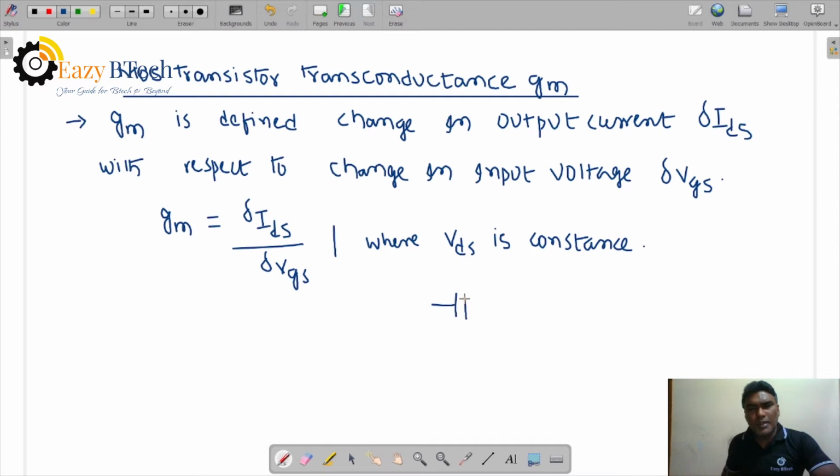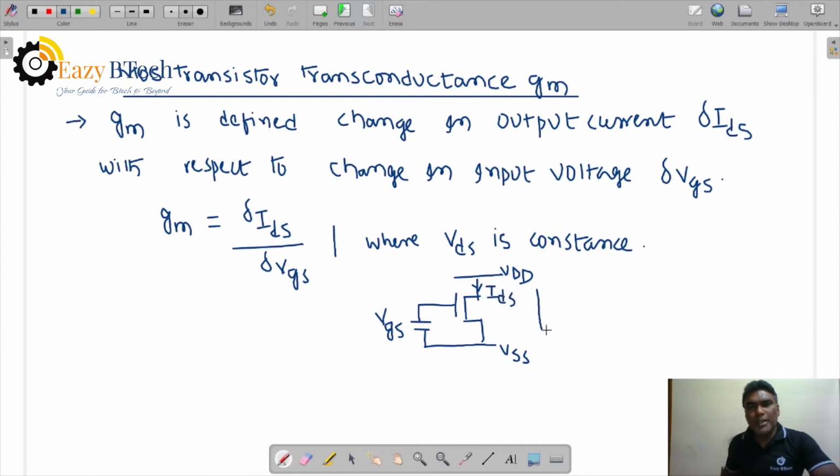Let us see in the symbol. This is the VGS we are applying to the MOS transistor. Let us take it is an NMOS transistor. VGS is the external gate to source voltage, and this is VDD, and this is VSS, and the current flowing through here is called IDS.